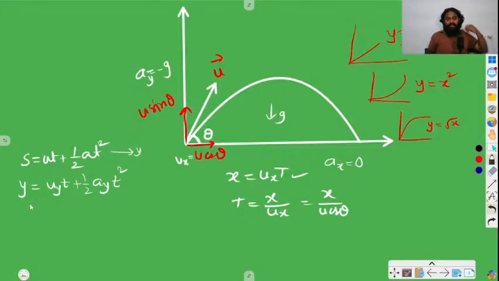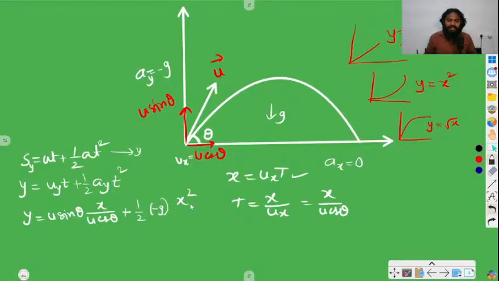Now the displacement along the y-axis, y, is equal to uy t plus half ay t square. So y is equal to uy, in the sense u sin theta, and t in the sense x by u cos theta, plus half minus g, since ay is nothing but minus g, times t square, in the sense x square by u square cos square theta, right?